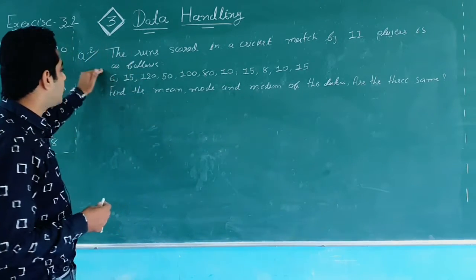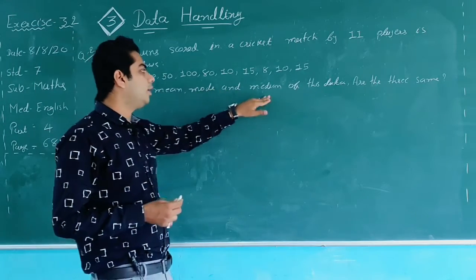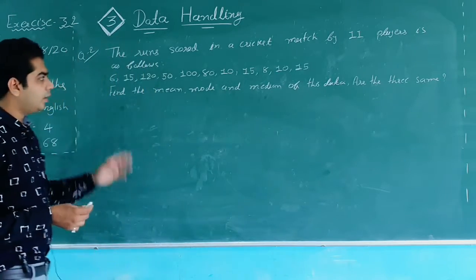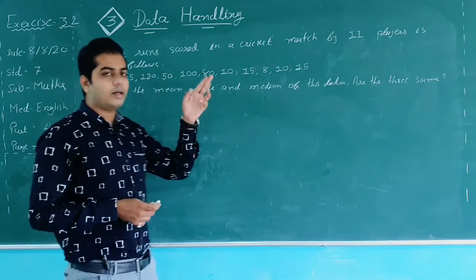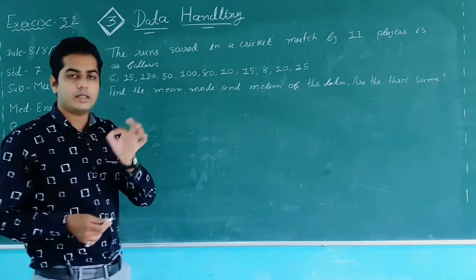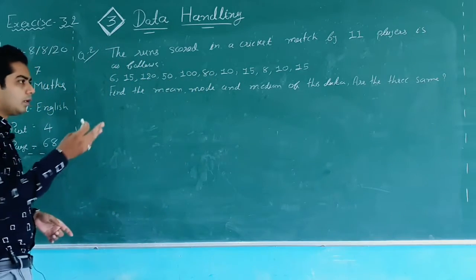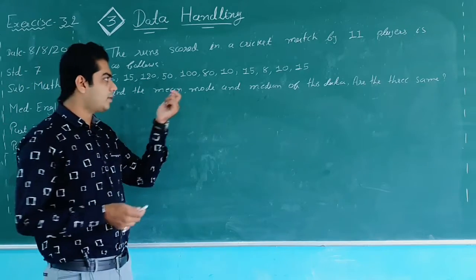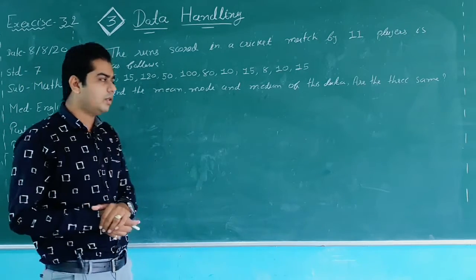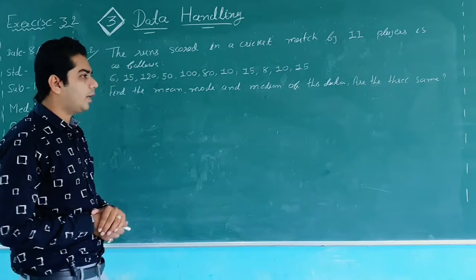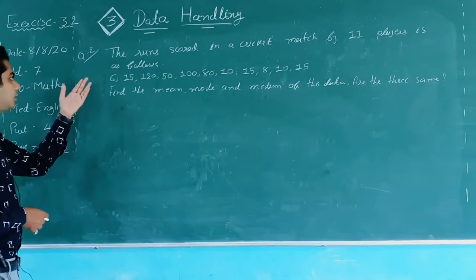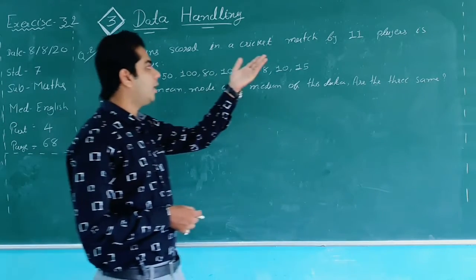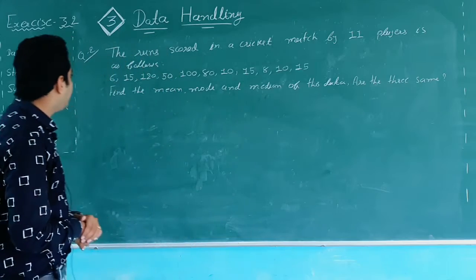In this question you have to find mean, mode and median. The data is given, but the thing is different. In the first question the maths test marks were given for 15 students, out of 25. Here the runs scored in a cricket match by 11 players are given as follows.